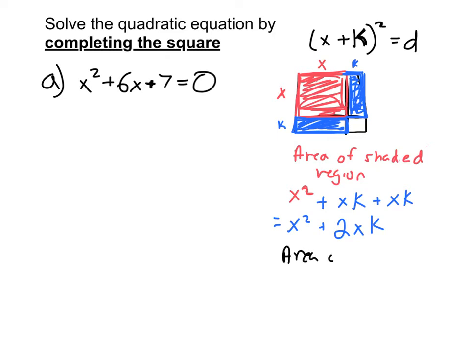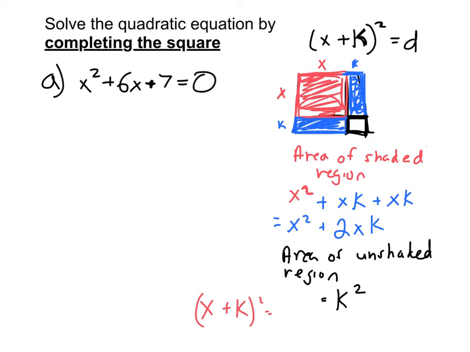Now, what about the area of the unshaded region? This little side here is just k, that side here is k, so this is like a little square, it's k by k. So that would equal k squared. And this makes sense because x plus k squared is the same thing as x squared plus 2xk plus k squared.